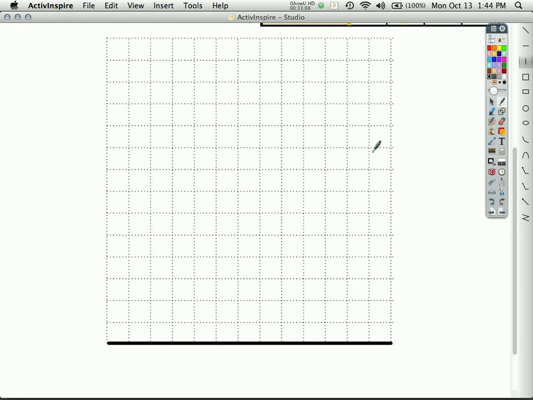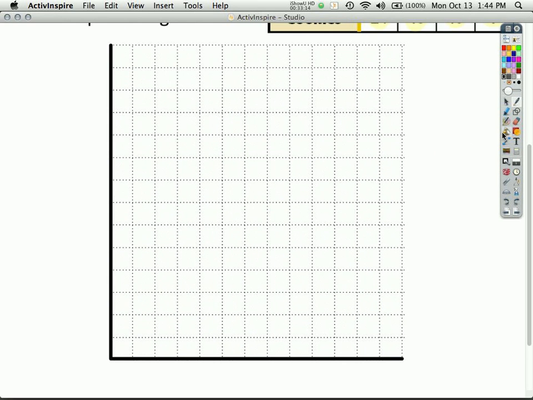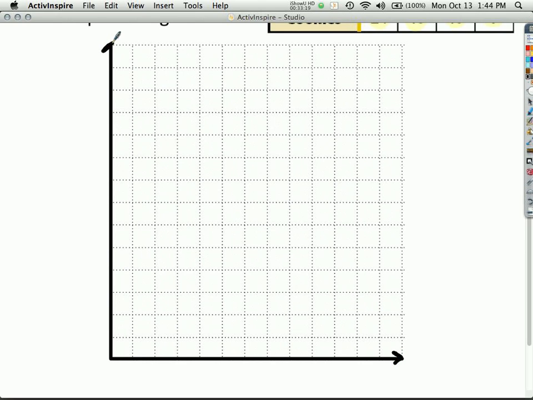So I'm going to draw an x-axis and a y-axis. So that helped me because now I don't have to worry about the other part of the graph.